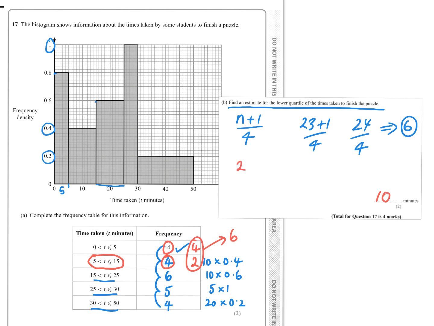You could have just done 23 over 4 and have got 5.75, and then you could have done a similar calculation and ended up with, I think it's 9.375, but I personally would use this one here. So do check that one out, okay, before you just take it on board.